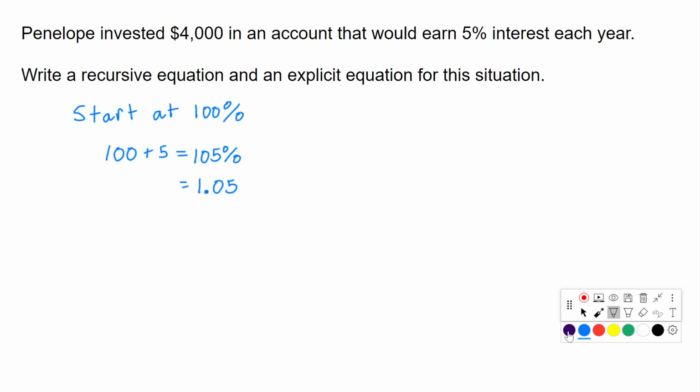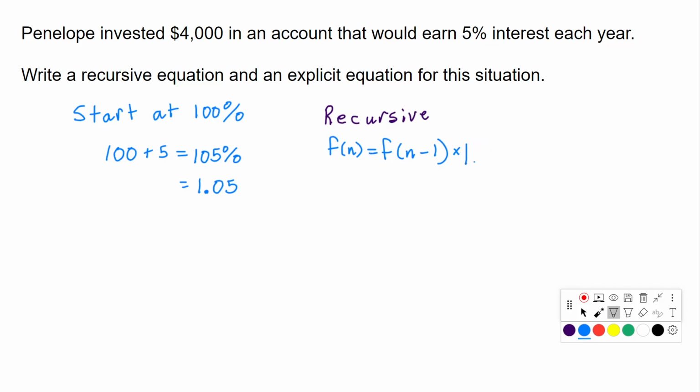So let's write our recursive and our explicit equations in this situation. So the recursive is still going to start out f of n equals f of n minus 1. We're still multiplying.